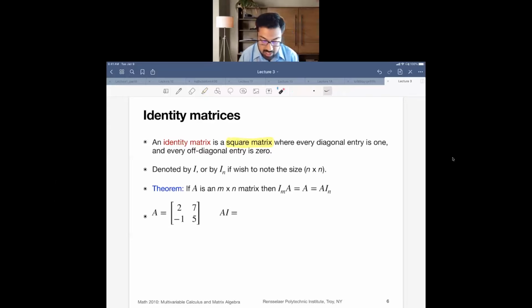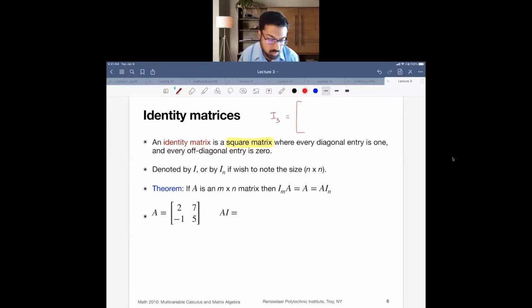So an identity matrix, first of all, is a square matrix, which essentially means the number of rows and the number of columns have to match up. Now, what happens in an identity matrix? All the diagonal elements are a 1, and every off diagonal element is a 0. So I can write some examples here. I can write an identity matrix of size 3, which I simply write as I3. I3 means it's an identity matrix with 3 rows and 3 columns.